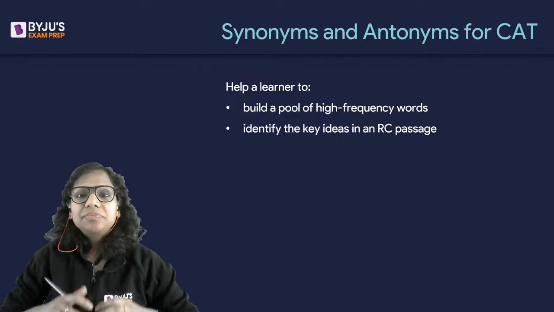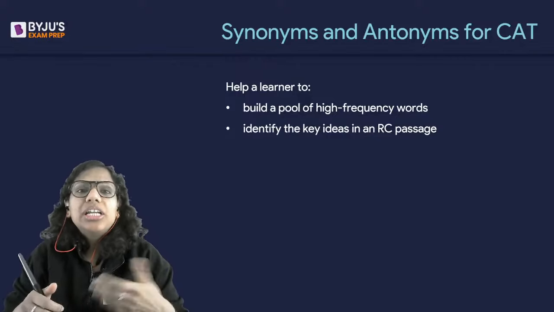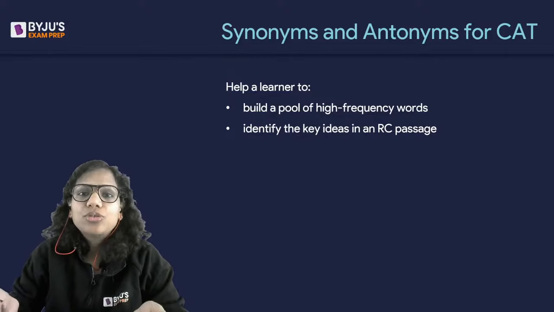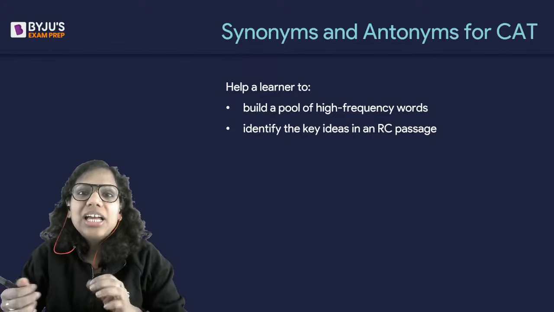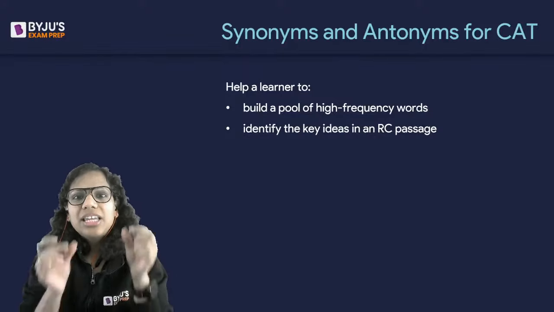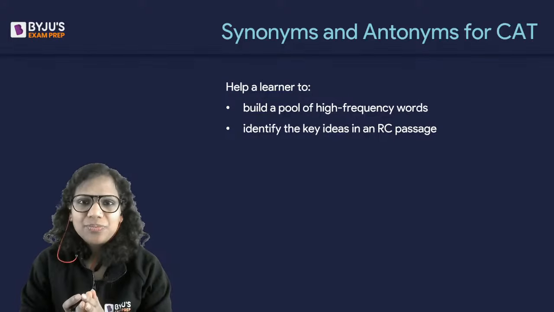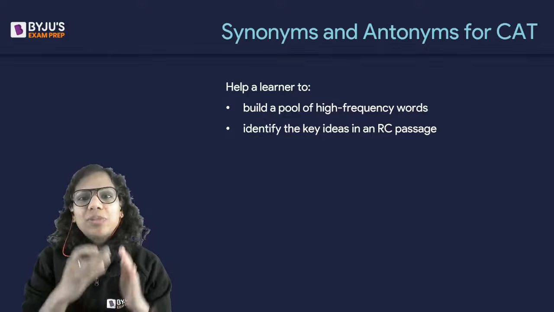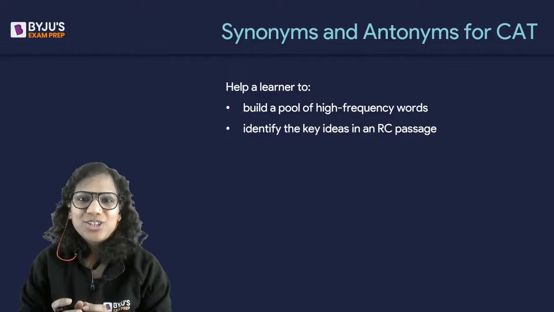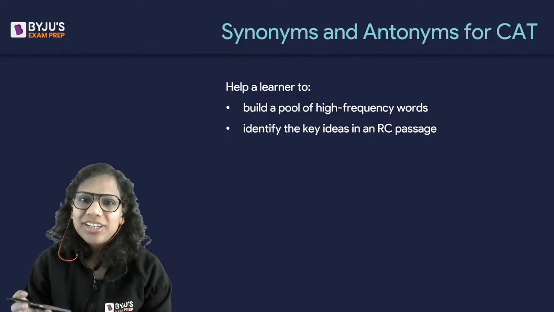Secondly, how is it relevant for RC passages? You may be thinking, oh, it'll just help me to understand one or two extra words. Why go through all the effort for one or two extra words? The reason is that any RC passage is a collection of some ideas, and there is a common thread running through those ideas, which we call the main idea. Now, if I want to explain something common and highlight different aspects of it in an RC passage, won't I have to use some similar words to make those points?